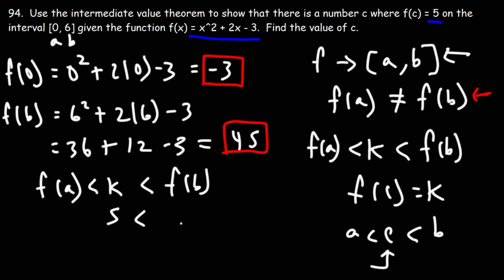K is 5, f of b is 45, and f of a is -3. So 5 is between -3 and 45. So that means that there's going to be some number c that is going to be between 0 and 6. And whatever that c value is, it's going to have a y value of 5.